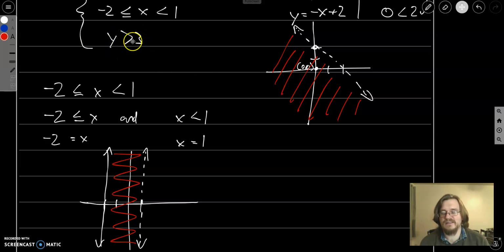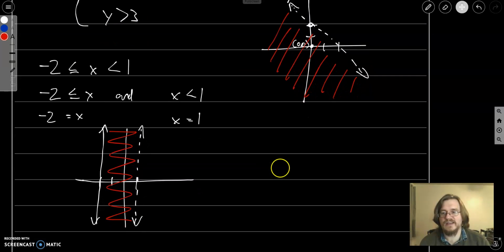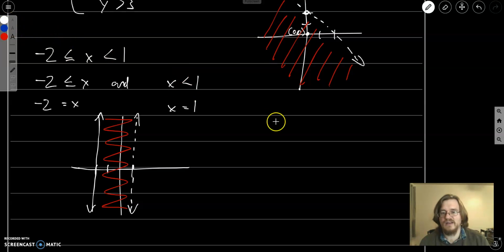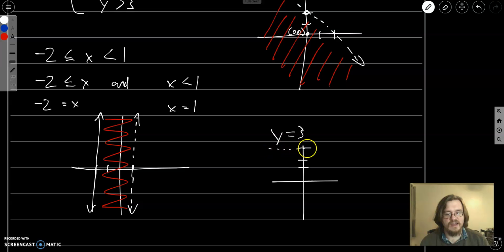The final inequality here is y is less than 3. So we want to graph when y is equal to 3. Let's draw a little one here. We will have a dotted line.